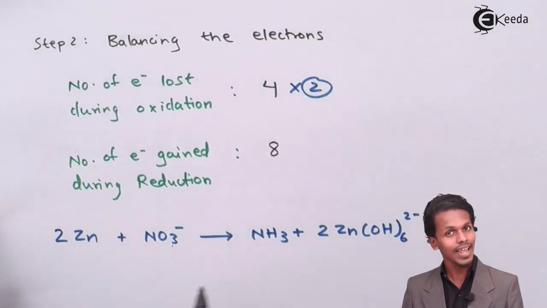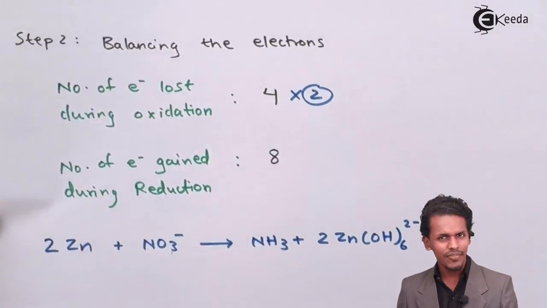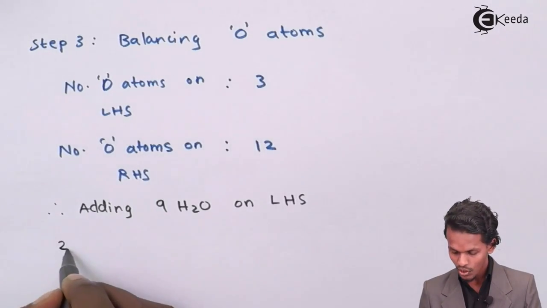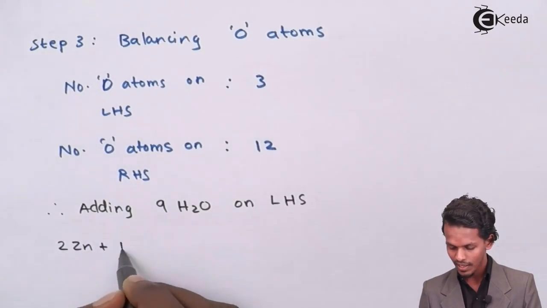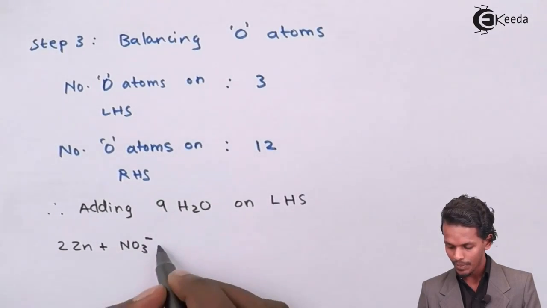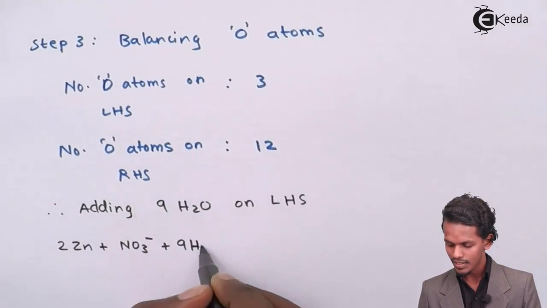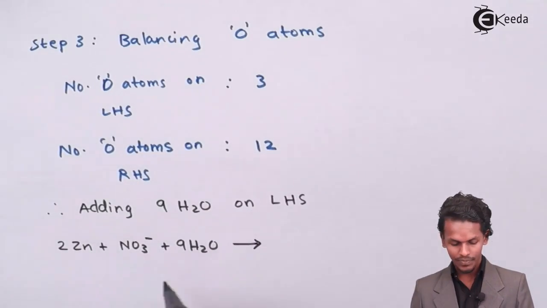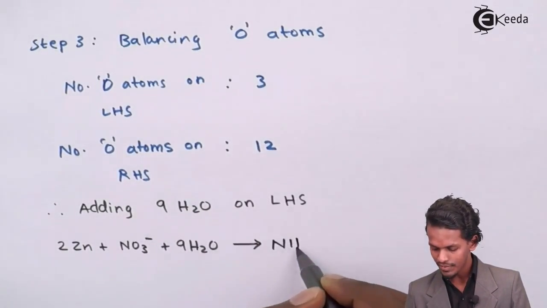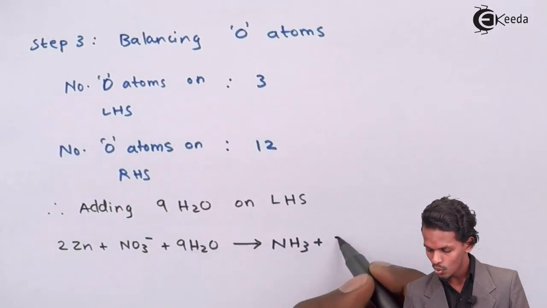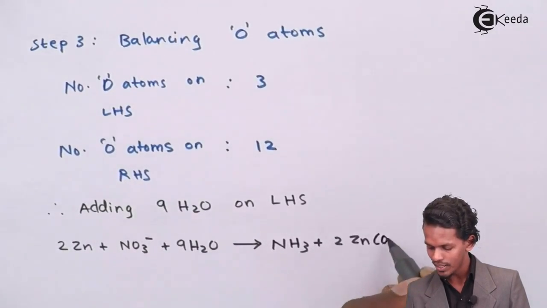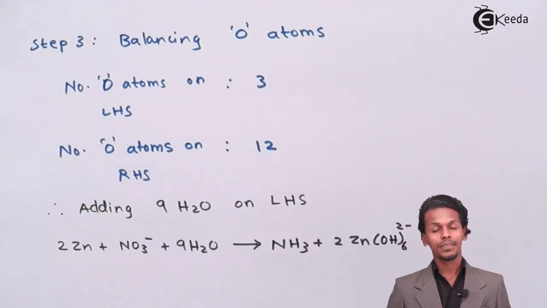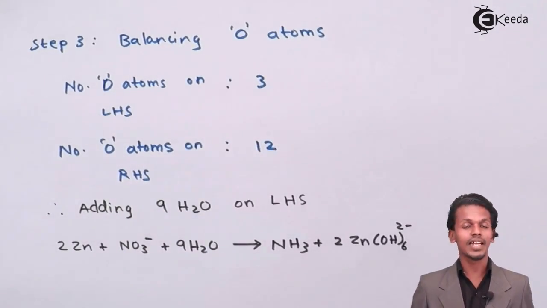So I would write this reaction as it is with a few changes, that is 2 times Zn plus NO3 minus plus 9 times H2O, and this would give me NH3 plus 2 times ZnOH, this side. So this is the step number 3 that we have written.